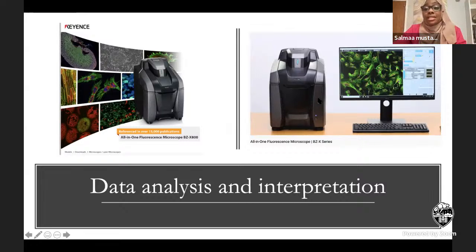And the good thing about this is also that once you're done with your imaging, it gives you a spreadsheet of numbers that you can put together and use statistical analysis for you to quantify your signals. So now you're seeing the signals, but how much signal are you seeing? How many cells are expressing that? So that's why this is really good.